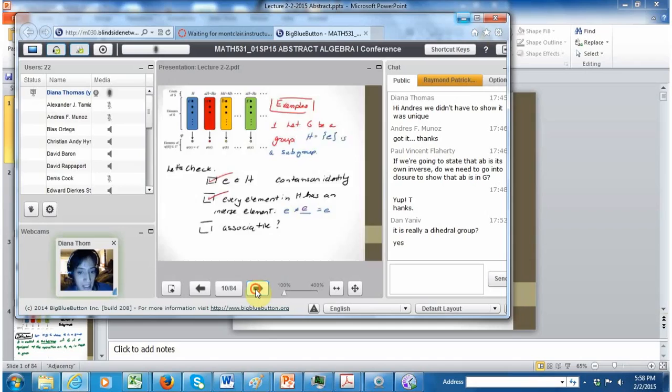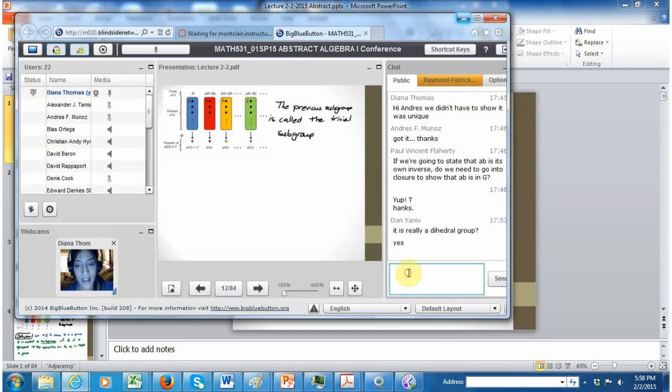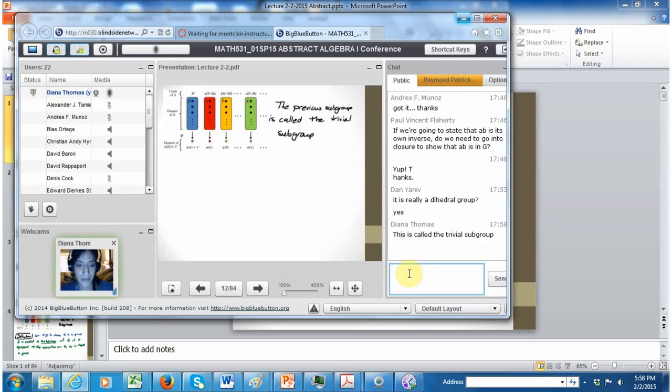Well, yes, because there's only e in there. e star e is e star e, which is e, and vice versa. So it's pretty trivial. So this is called the trivial subgroup. Because it's really nothing, so it's always in there.